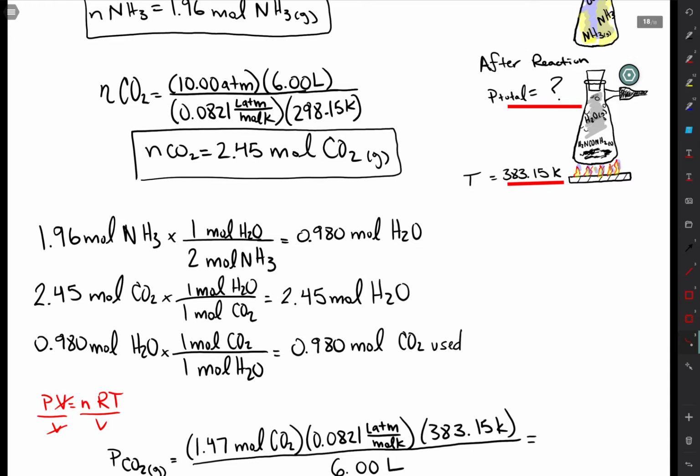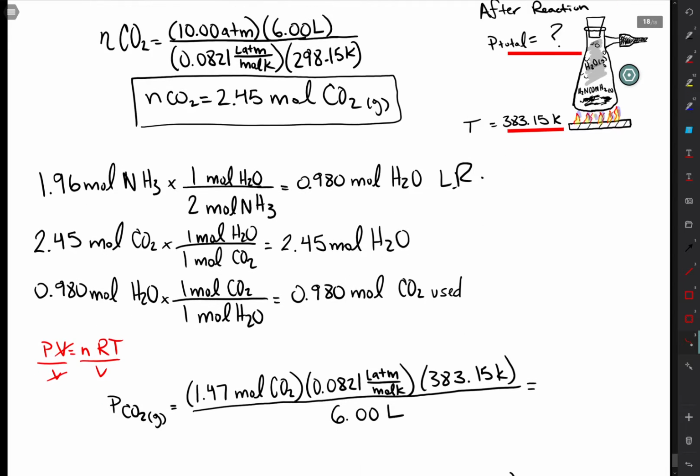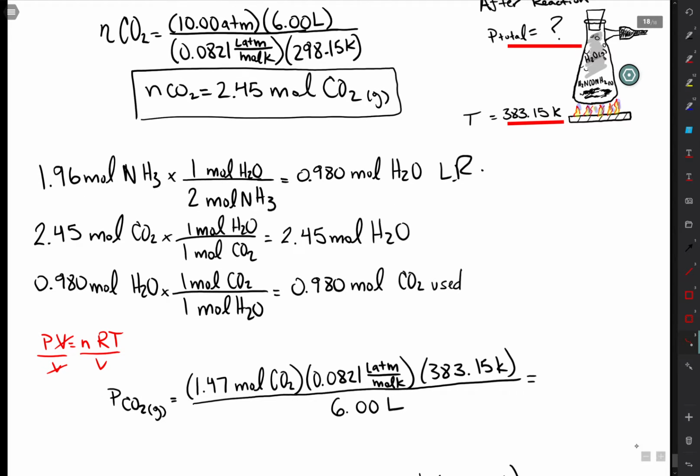Now, based on this, we have our limiting reactant, which would be, in this case, NH3, because NH3 produces the least amount of moles of H2O.